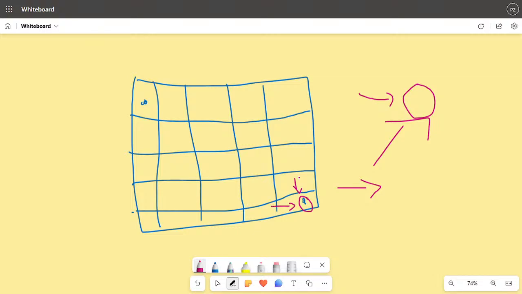So I calculate number of ways to get here and number of ways to get here and add them. Obviously, it is important that these two are mutually exclusive, and it is given in the question that we can only go down and right, so we cannot go from either to the other, so they are automatically mutually exclusive, so we can just add them.